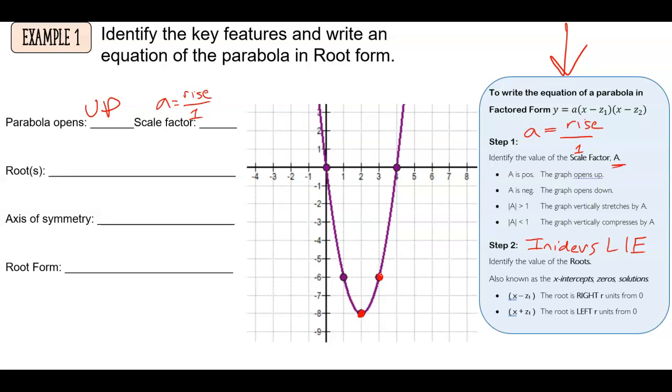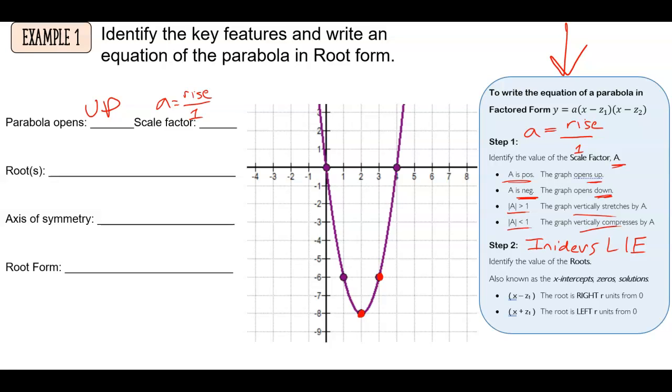Now check it out. If it goes up, it's a positive number. But if it goes down, what kind of number is that? Negative. So if the graph opened down, it would be negative. If A is greater than 1, it's a vertical stretch. If A is less than 1, it's a vertical compression. Things we know from the last section we did.